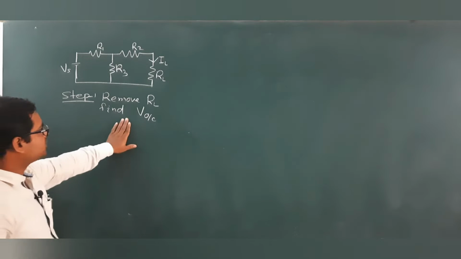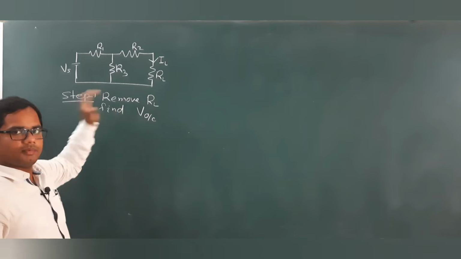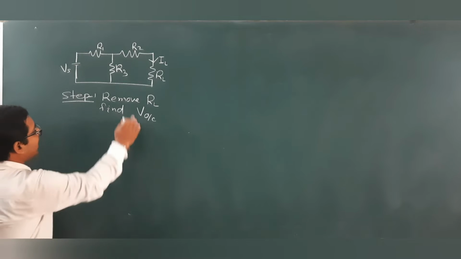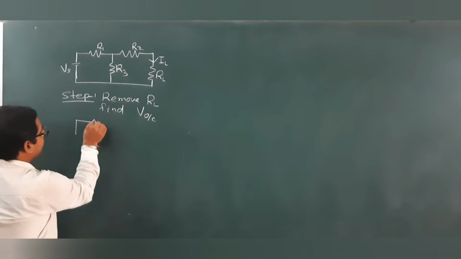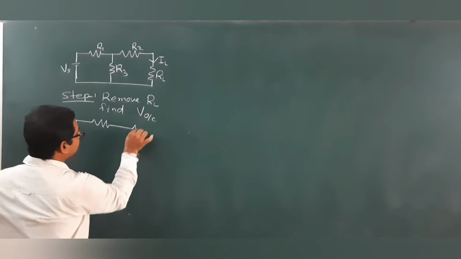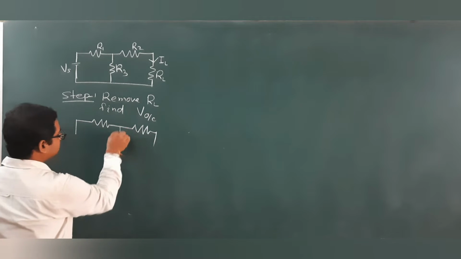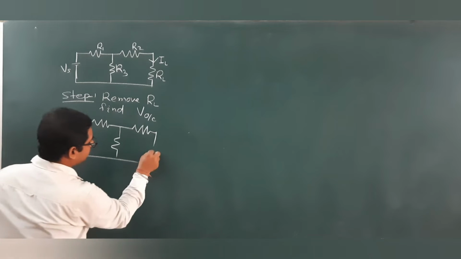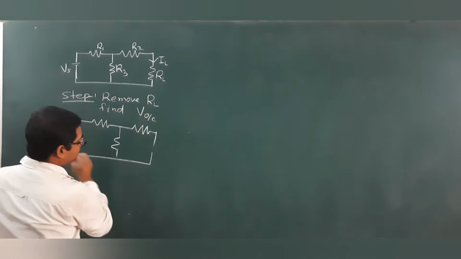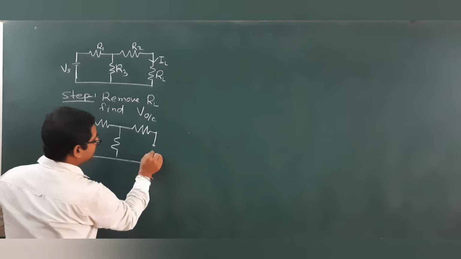For finding the open circuit voltage, first you have to remove your RL. So when RL is removed, your circuit will be like that.